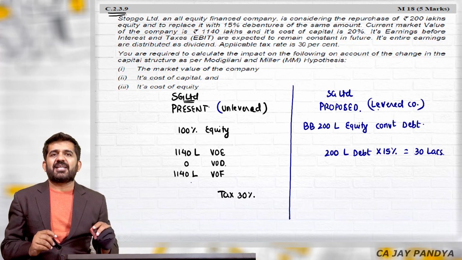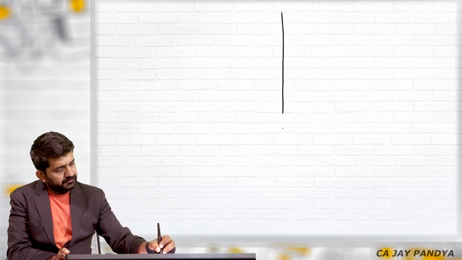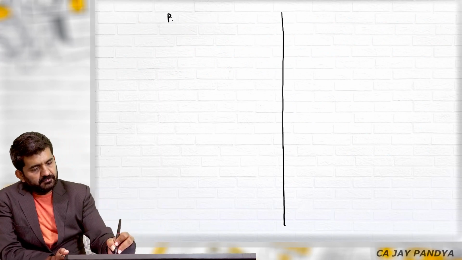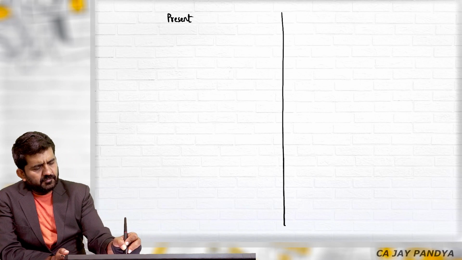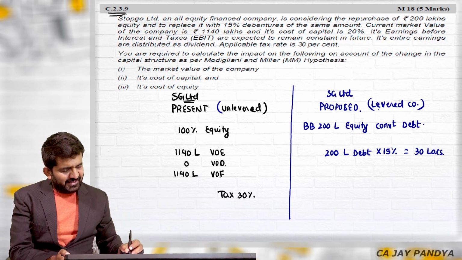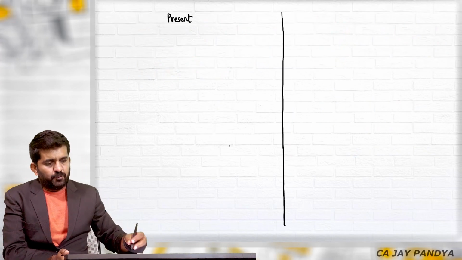Let us first analyze the present situation. Try to concentrate. In the present, they are telling us the value of firm is 1140 lakhs.